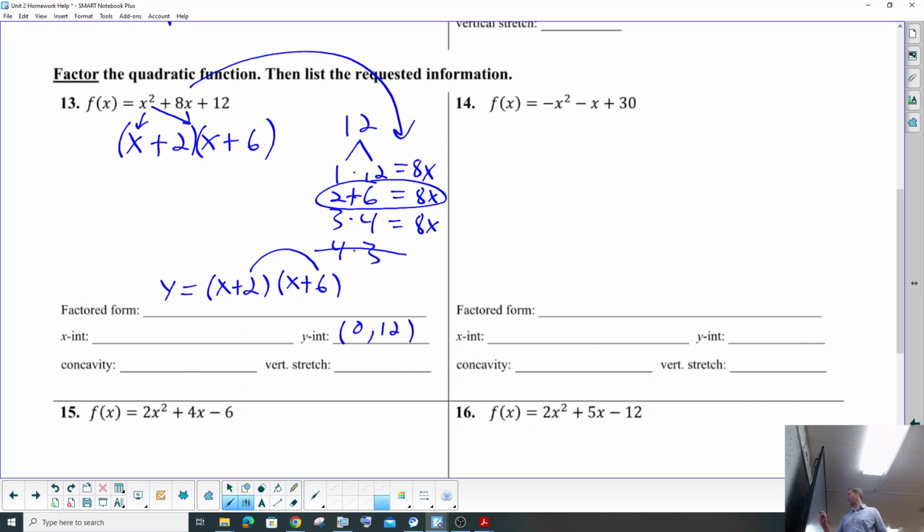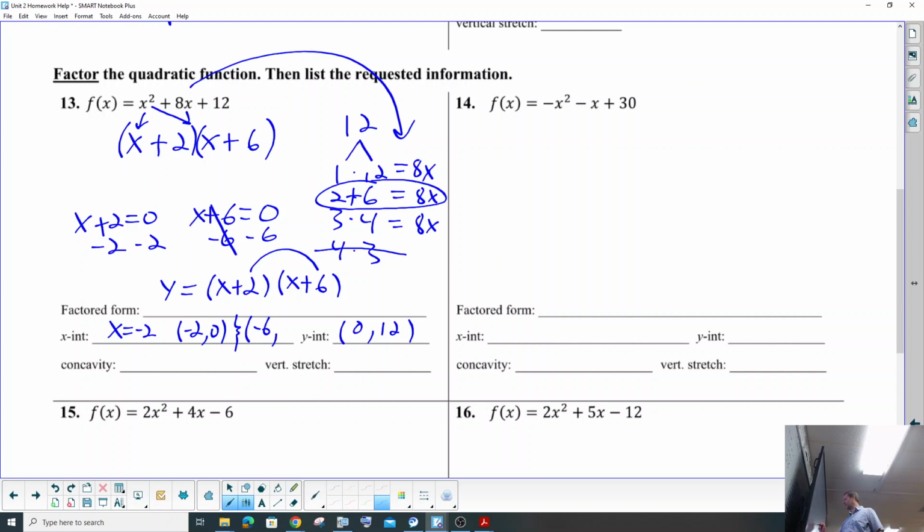The x-intercept comes from taking each of these and setting them equal to 0. So I'll let you finish that. So that's going to be x equals negative 2, but really you want negative 2, 0. And what's the other one? Minus 6 to the other side, x equals negative 6.